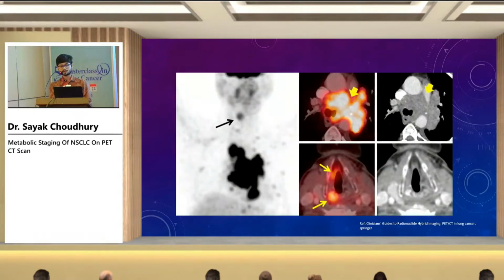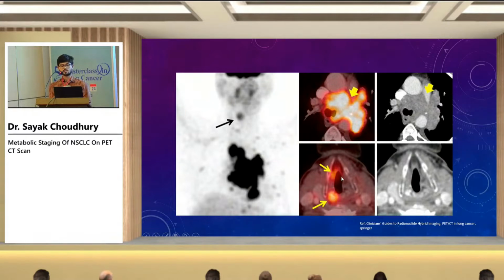So this is another, obviously a T4 disease, where there is gross infiltration of the mediastinum, but also you can see there is uptake in the vocal cord. So unilateral vocal cord uptake. By seeing this image only, you can say that the recurrent laryngeal nerve will be involved, but many times these paramediastinal tumors might be very small, but you will see that unilateral vocal cord uptake.